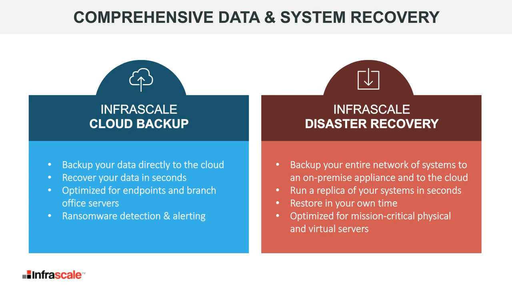Then Infrascale Disaster Recovery, if we take a look at the right-hand side, is that hybrid cloud solution that we just saw a moment ago. So it's going to include that on-prem component as well as the cloud. And with Infrascale DR, of course, you can back up data, but it's going to go a step further in capturing full system images and then allowing you to boot and run those images on a local appliance or in the cloud, depending on what you need.